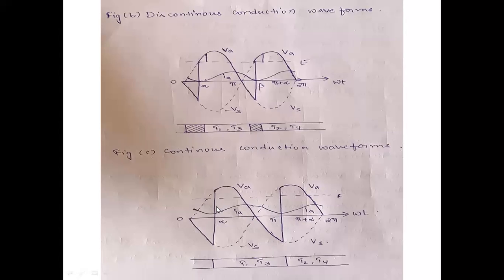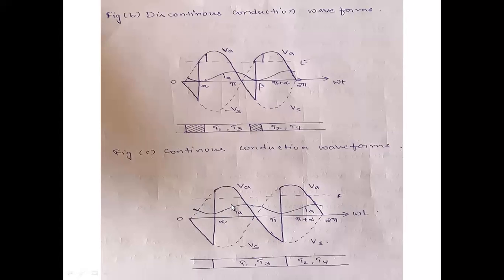As the armature current IA is not perfect DC, the motor torque always fluctuates. So this motor torque will be fluctuating at a frequency of 100 Hz.